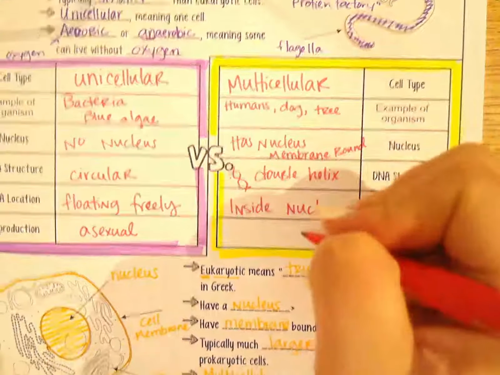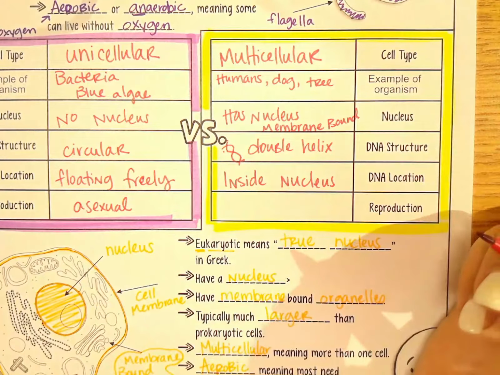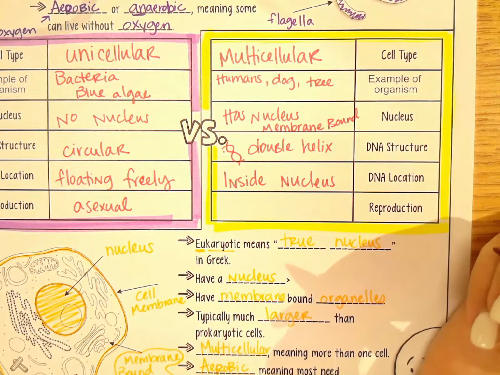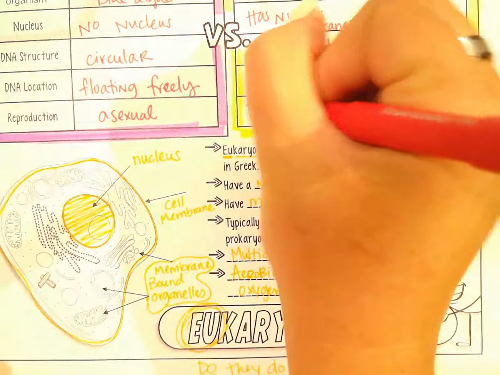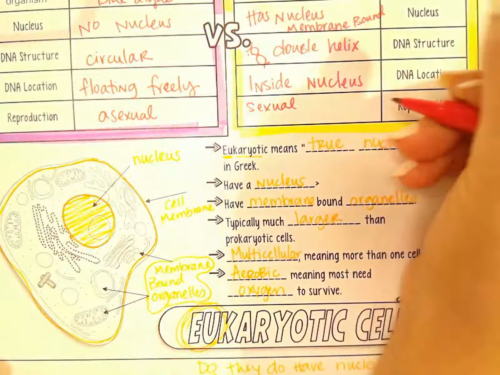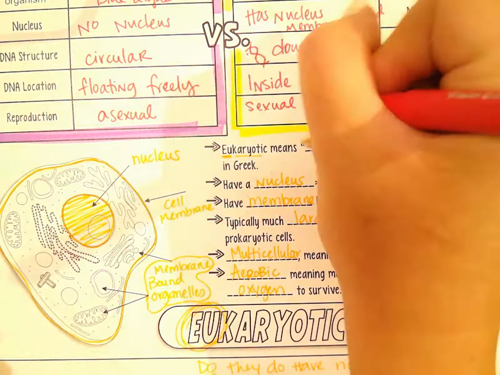Well, eukaryotic cells are different. Obviously, you know that 2 parents are required to make a human baby. So when we have 2 parents, we call that sexual reproduction. But eukaryotic cells, some of them are asexual, so they're both.